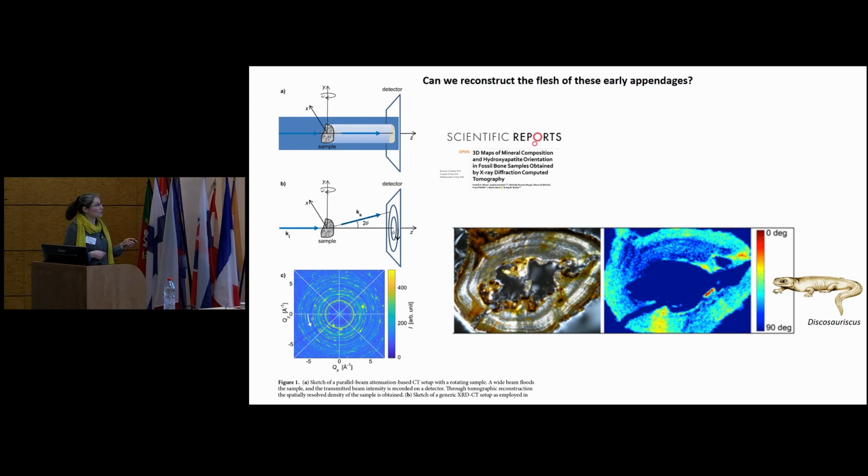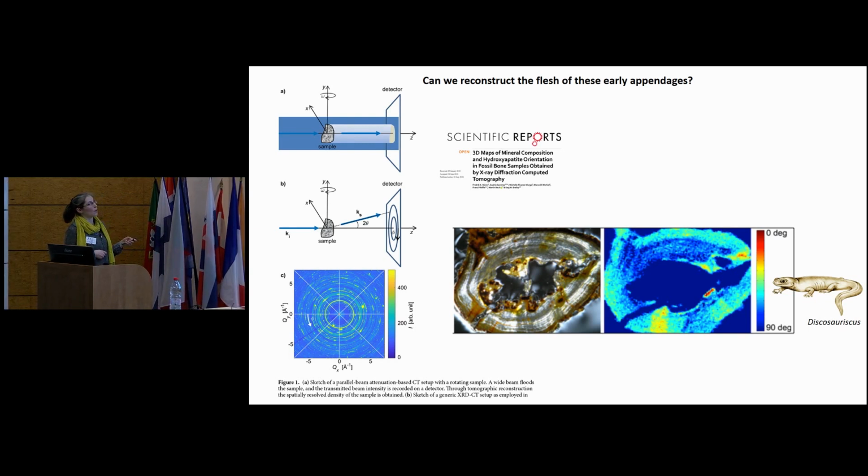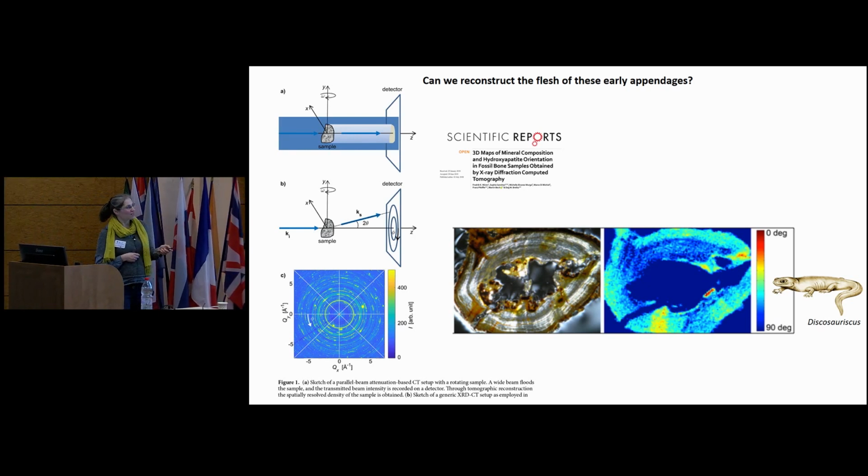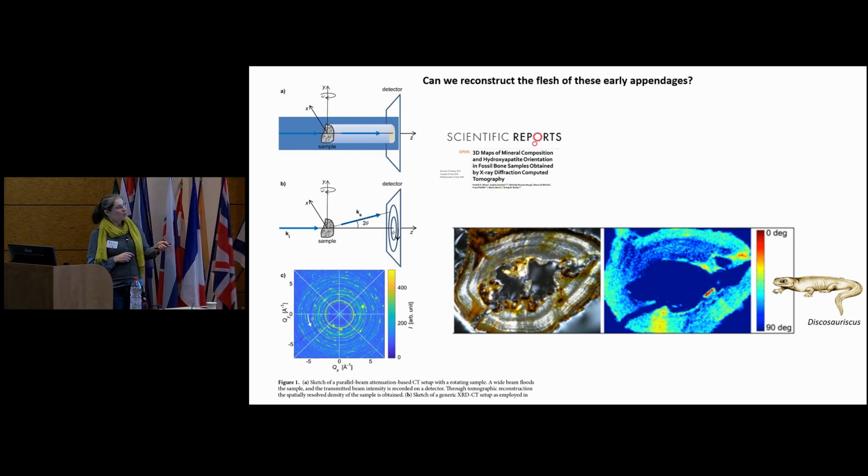So the idea is that you will get the angle for the apatite crystal, and then on the map, you should be able to identify it, although it's pretty difficult. And thanks to the magic of the physicists, we were able to have a mapping of the orientation of the crystals on this 300 million years old salamander here.